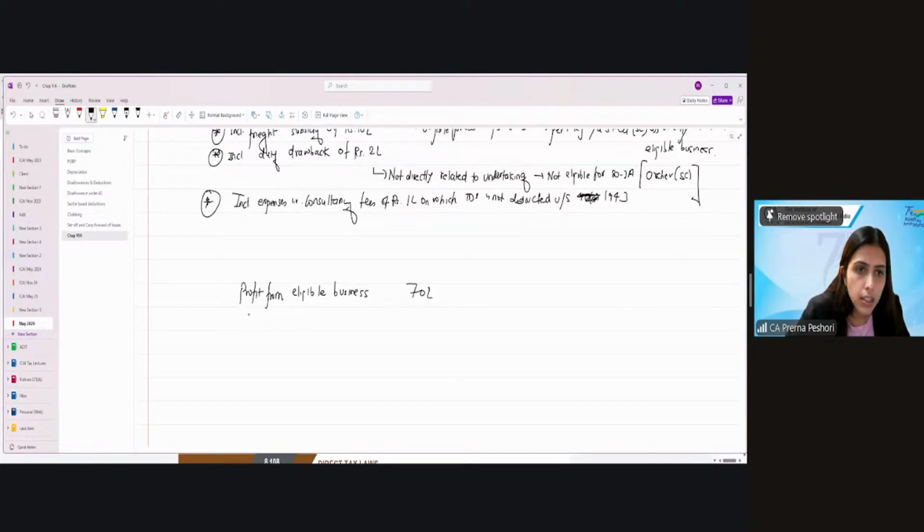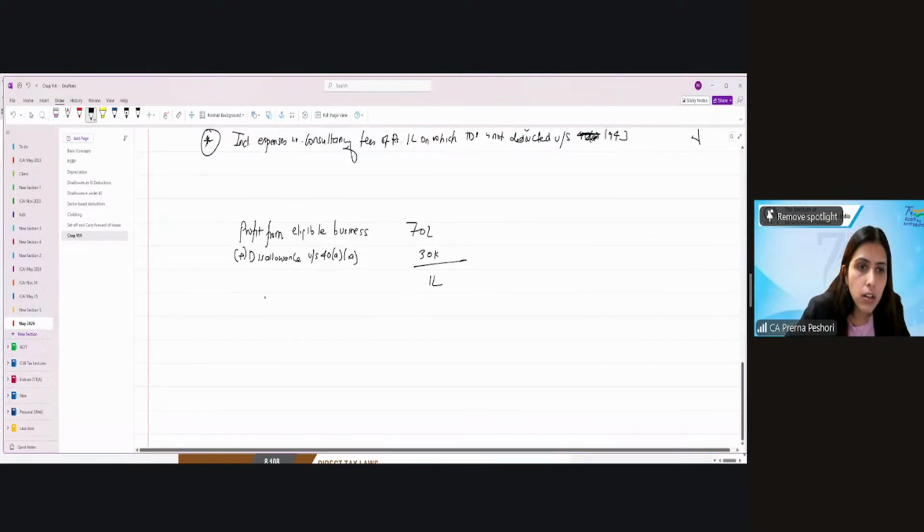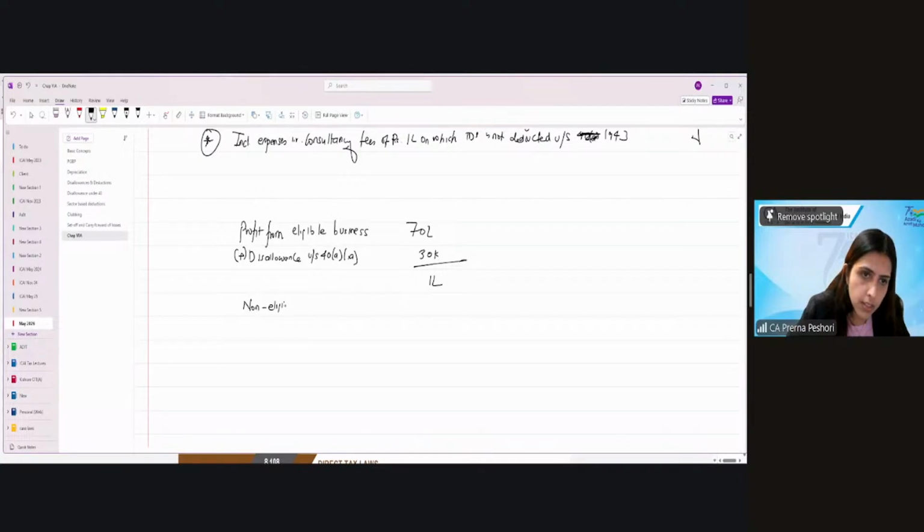Here there will be disallowance under 40A1A. How much is the disallowance? 30,000. 30%. Correct? This becomes 1 lakh. And my non-eligible business is how much? 60.